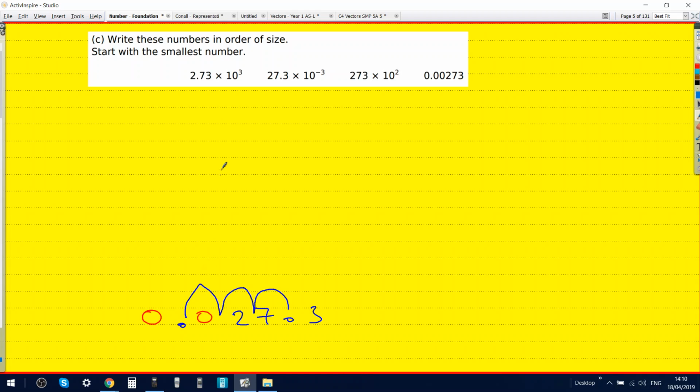So let's say, what is the first one? The first one is writing it in non-standard form. So that would just be 2, 7, 3, 0.